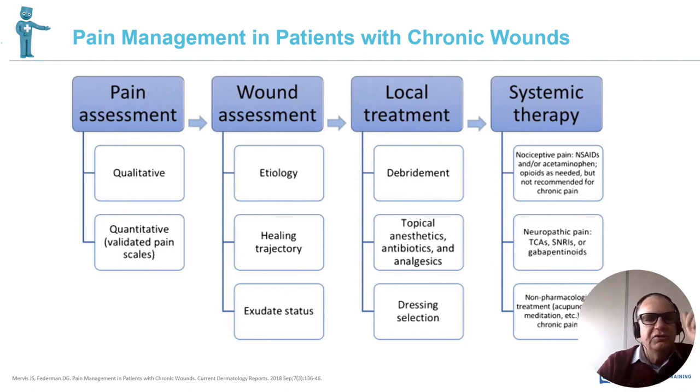If you're interested, you can look at the WHO ladder of analgesia. It refers mostly to cancer, but can also be applied to pain in your patient's wound. So that's another piece of further reading for you.